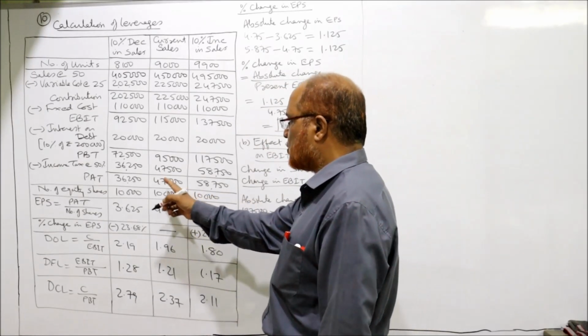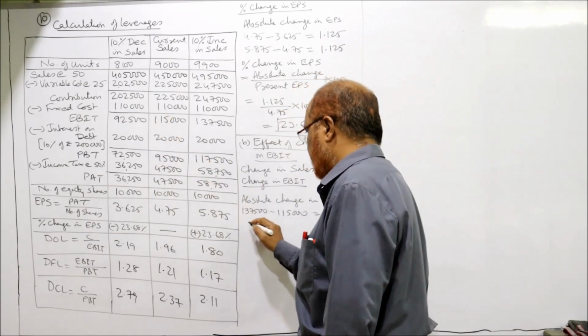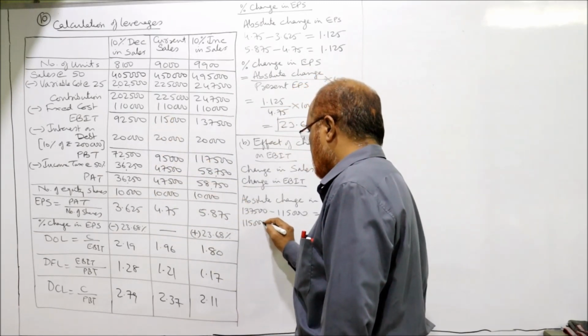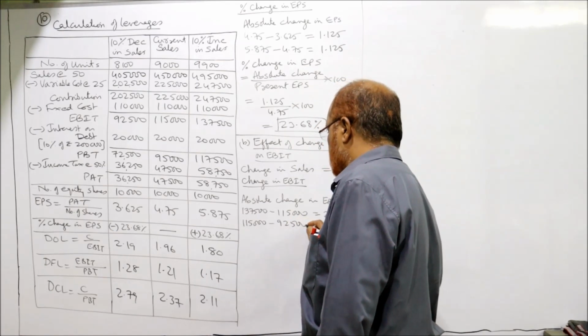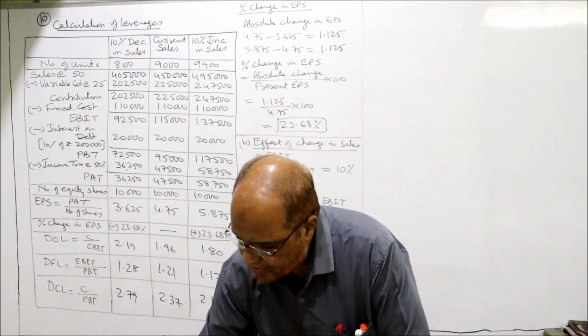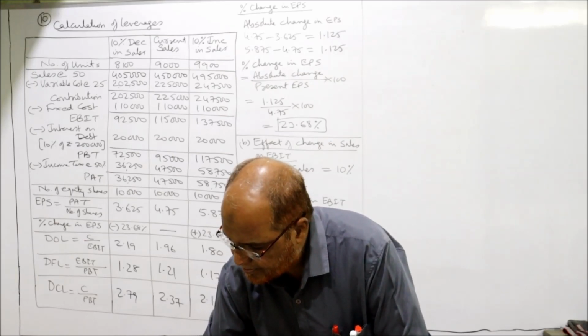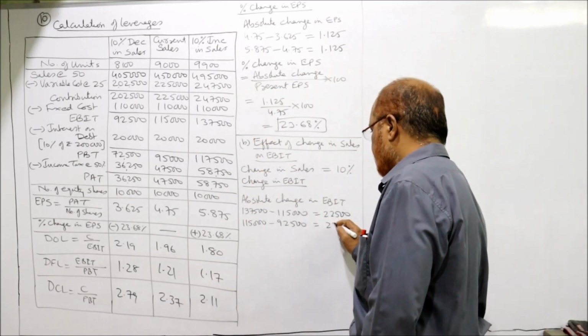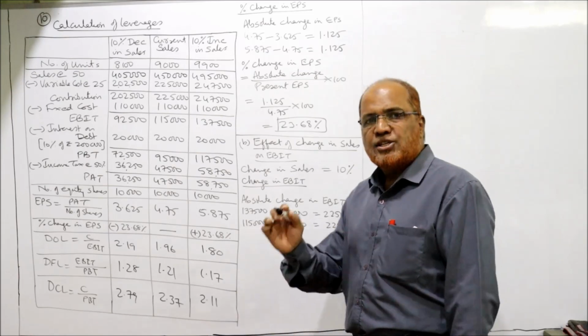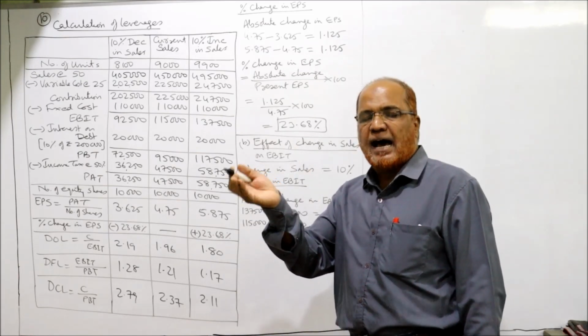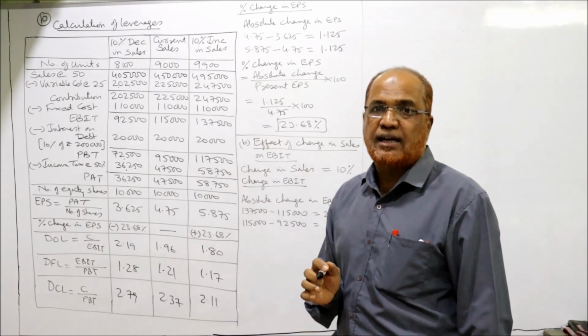Or we can take this also: 1,15,000 minus 92,500 is 22,500. There is 22,500 increase and there is 22,500 decrease in EBIT.